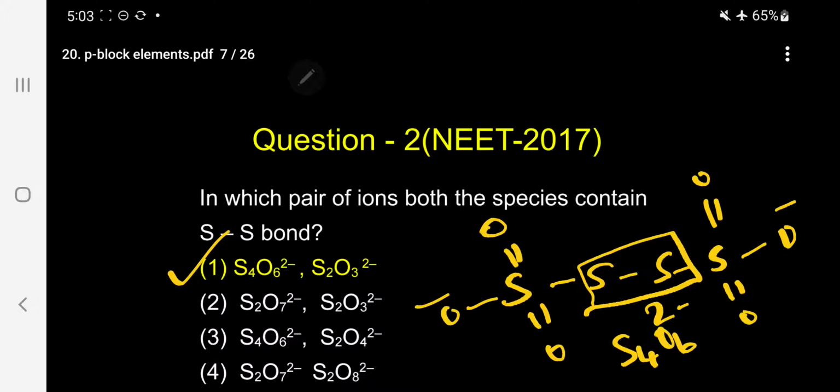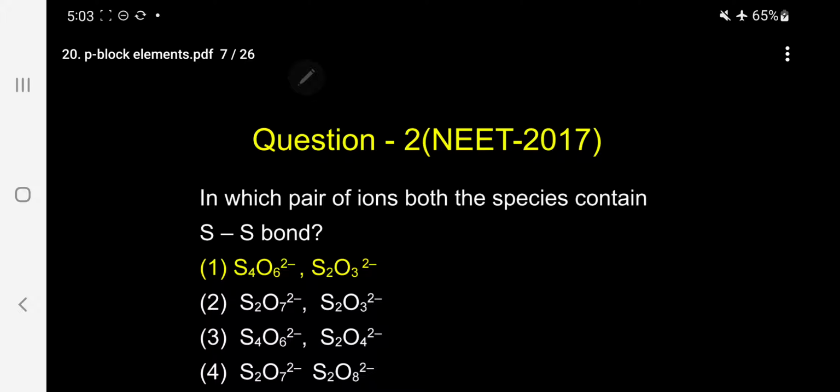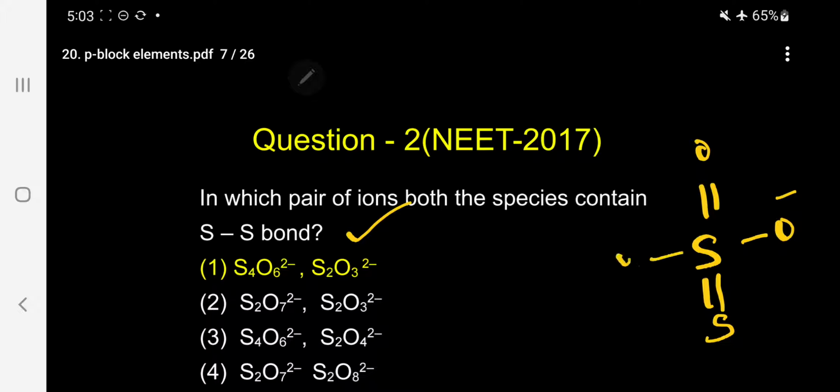The same way, if you go for the other one, the corresponding S2O3 2 minus. Let me write: S, double bond S, O minus, O minus.